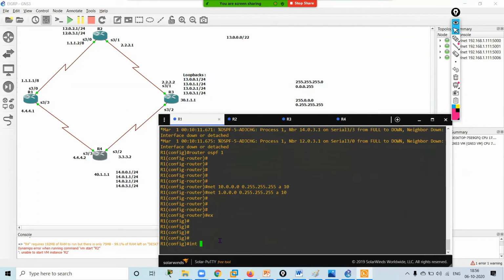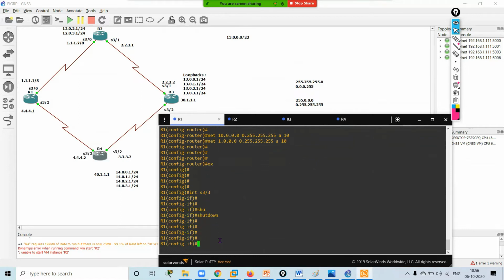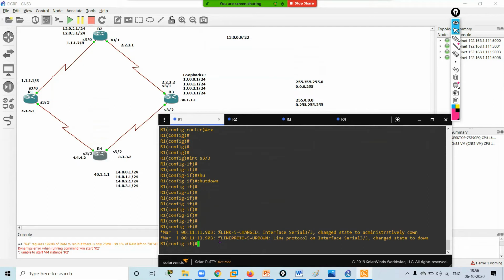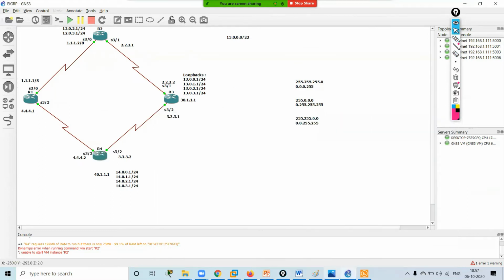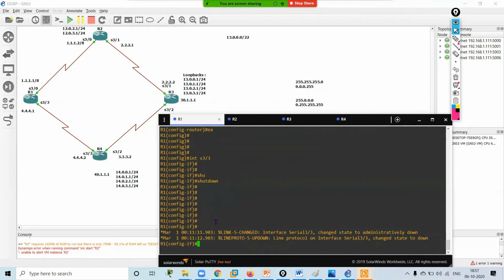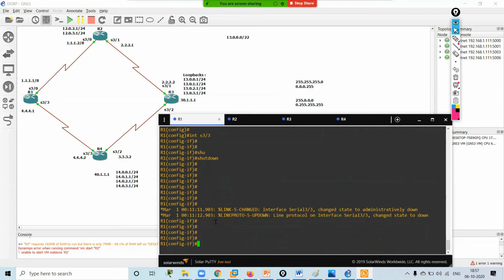Okay. So interface serial 3/3, I'll make this interface down. So consider there is no link between these two routers. It will not make any changes, I am just explaining this.